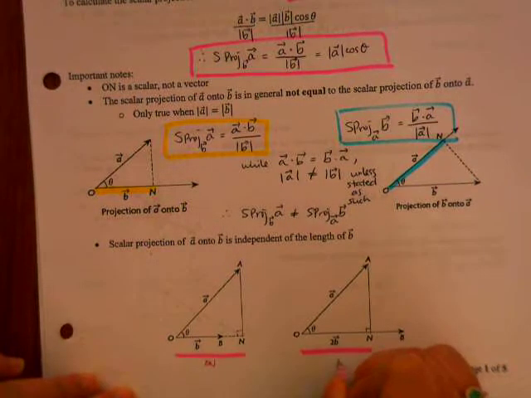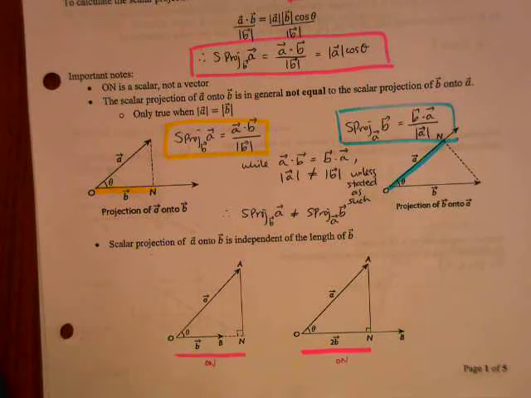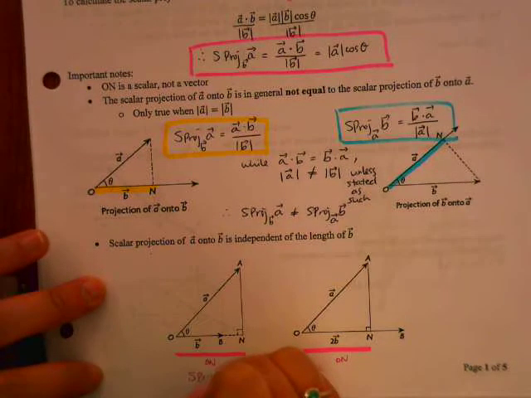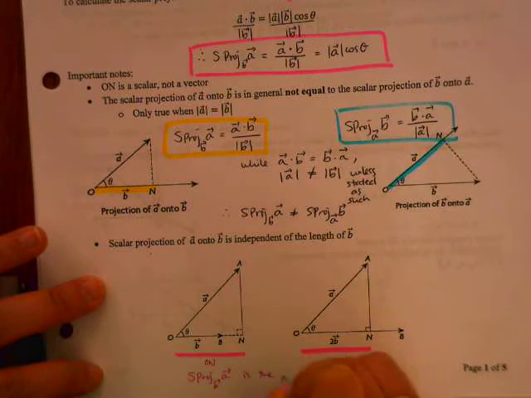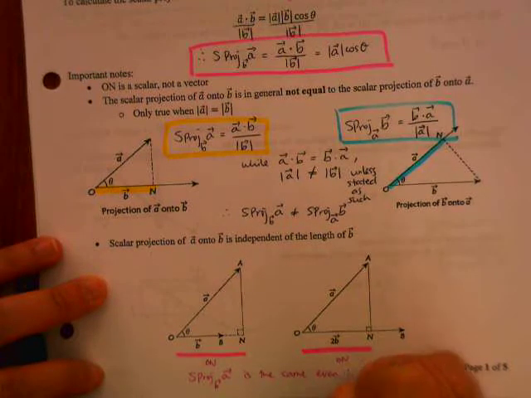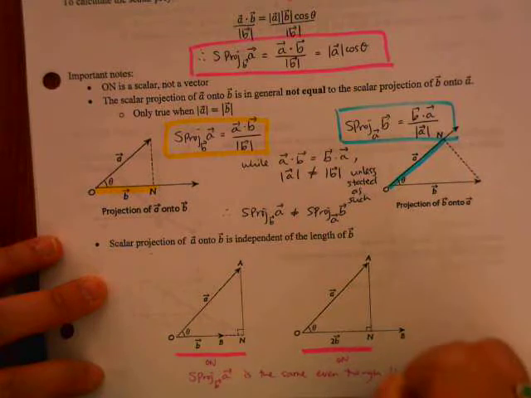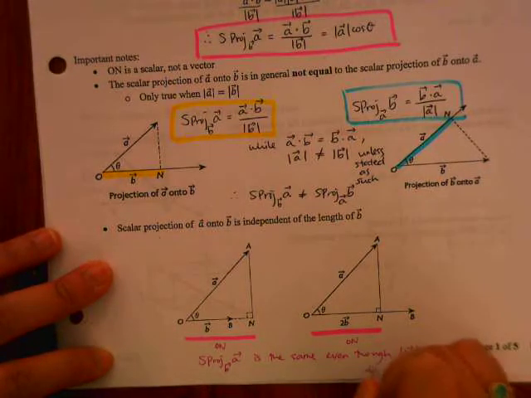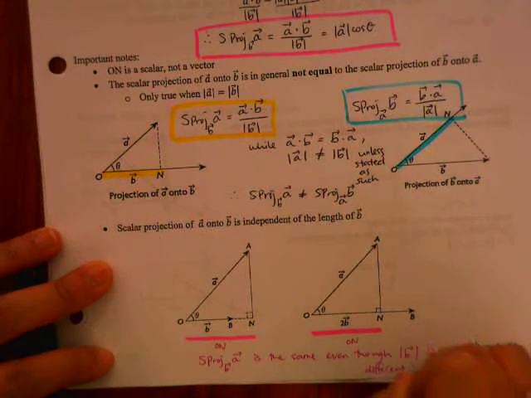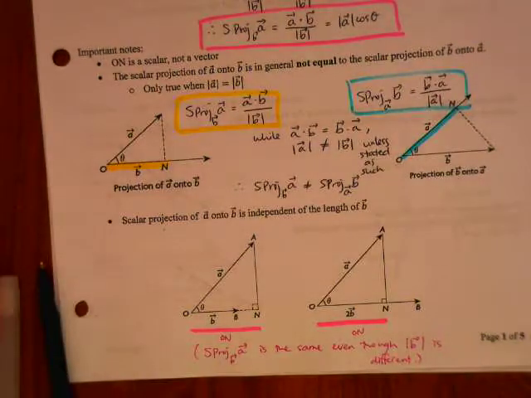So ON, this is ON. So the scalar projection of A onto B is the same even though the magnitude of B is different. Any questions?